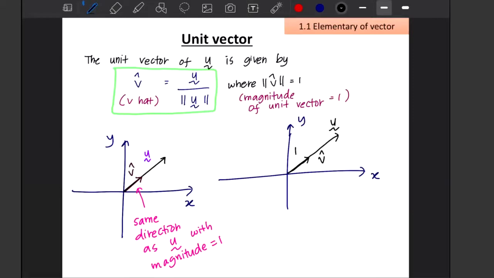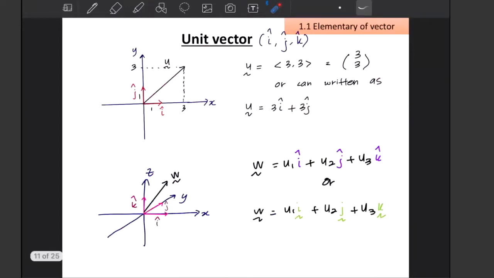A unit vector is a vector that points in the same direction. This is the same direction as vector U, but it has magnitude 1. This is how we calculate the unit vector of U: vector U divided by its magnitude. This is the important part of the unit vector.